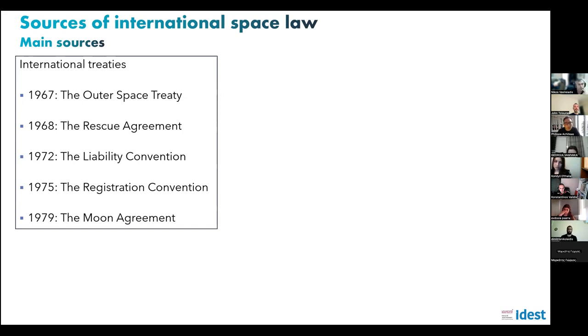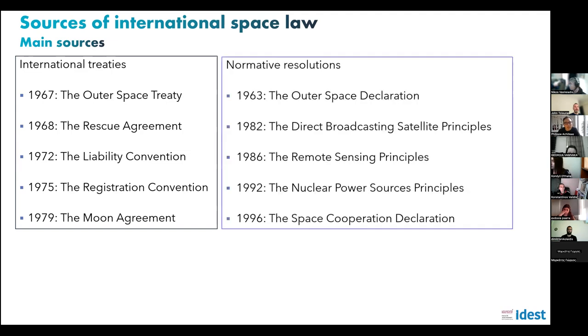When states decided to move to normative resolutions, they adopted 5 texts that are not binding as such. The very first one was adopted before the Outer Space Treaty, the Outer Space Declaration, which is, in fact, a first step towards the adoption of an international convention.